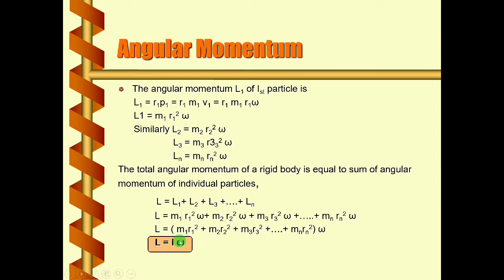This we already discussed in the definition of moment of inertia; if you want, you can refer to our earlier lecture. So L equals I omega. This is the formula for angular momentum of a body rotating with constant angular velocity. This derivation can be asked for 3 marks.